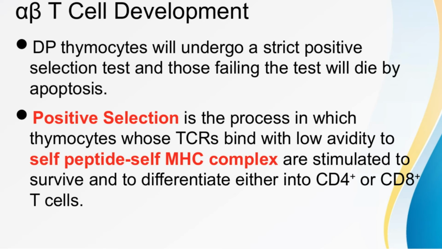Now, double positive thymocytes will undergo a strict positive selection test, and those failing the test will die by apoptosis. So what do we mean by positive selection test? It is the process in which thymocytes whose T cell receptors bind with low avidity to peptide-self MHC complex are stimulated to survive and to differentiate either into CD4 positive or CD8 positive T cells.